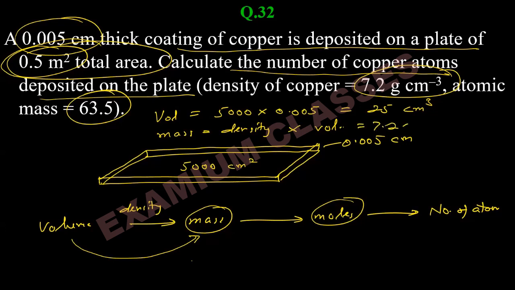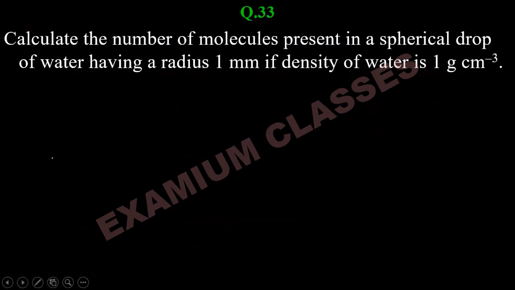Density is given as 7.2 and 25 we have already calculated. 25 multiplied by 7.2 will give you 180 grams. Density will be gram per centimeter cube and volume will be in centimeter cube. Centimeter cube, centimeter cube got cancelled, so obviously you will get the unit of mass. This much is the weight of this copper sheet, 180 grams.